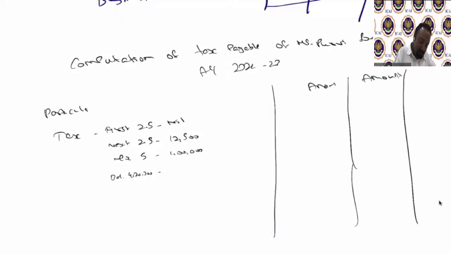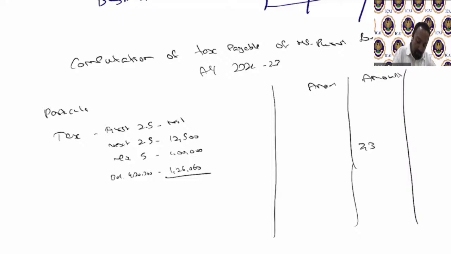Just see if I'm right. I'll just do it in the calculator also. 420,200 into 30%. That is 126,060. Yeah, I've done it right. So the total will be 112,500 plus 126,060, which is 238,560.